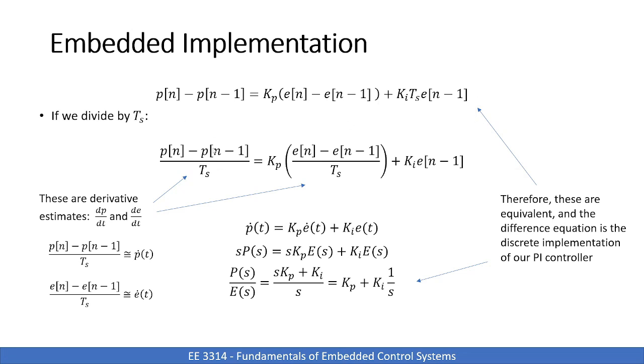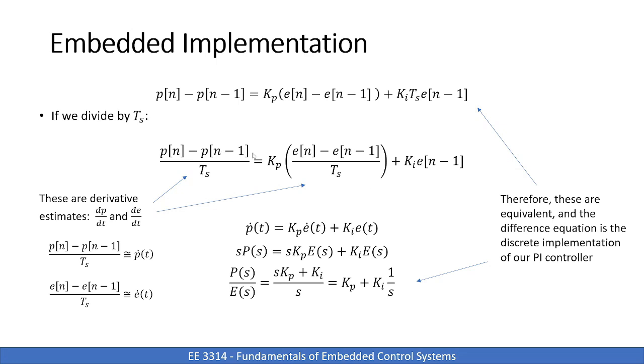Because you need to make sure that these samples are close enough together relative to the bandwidth of your system so that this derivative estimation is accurate. So obviously if you're looking at samples that are seconds apart in our system, that derivative is not going to be very accurate.